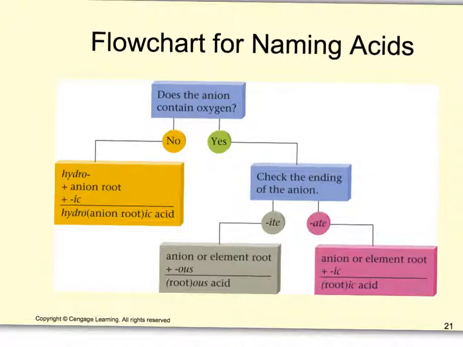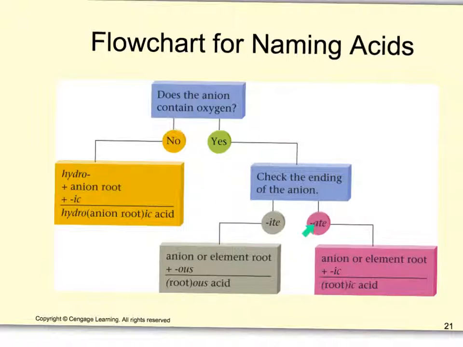And now we're going to look at the second set of elements that is in the chemical equation. As we look at these, we're going to look at, does the anion contain oxygen? If yes, then we're going to look the anion up on our chart from our slides back. And if that substance ends in ITE, then we're going to drop the ITE ending, add OUS, followed by the word acid.